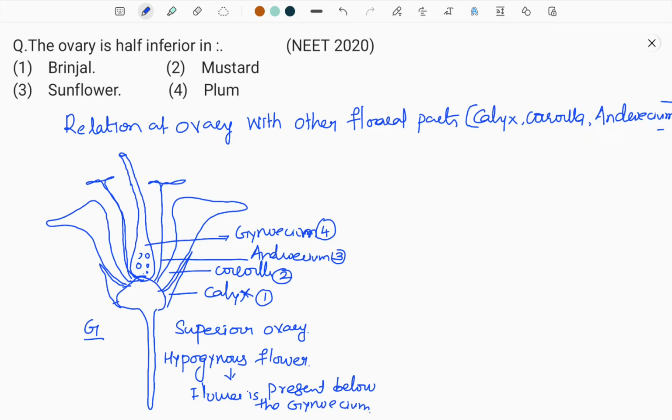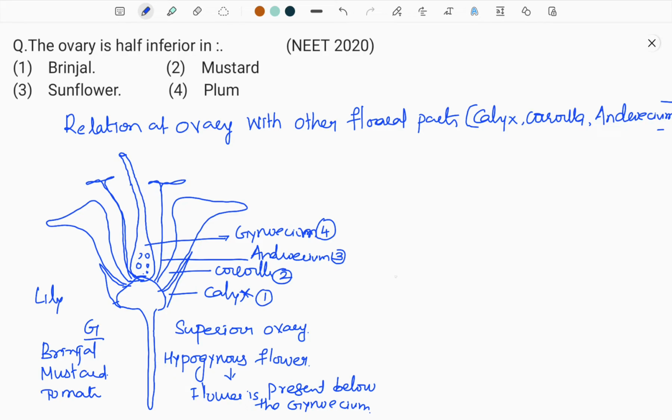This is found in the majority of the families. We have examples here, something like Solanaceae, that is brinjal you can write here, Brassicaceae, mustard you can write here, and tomato also you can write, even Allium cepa, that is lily, you can write all this here.